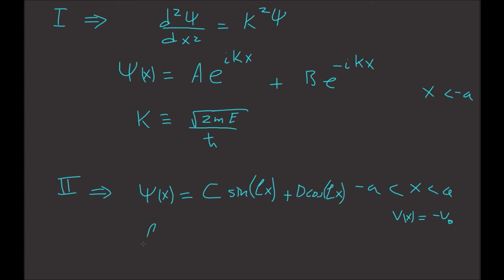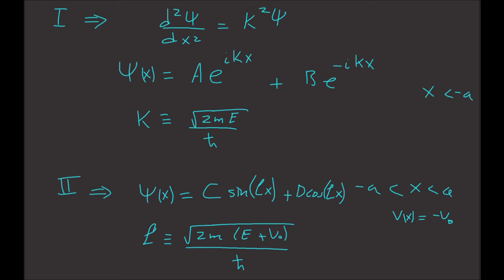Again, L here is defined as the square root of 2m times E plus V naught, divided by h bar.